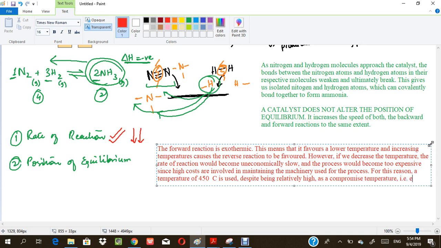That is, even though this temperature produces a relatively lower yield of ammonia, it does so at an economical rate.